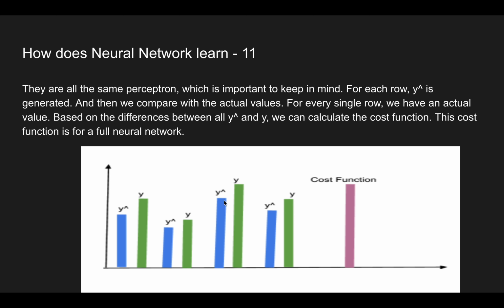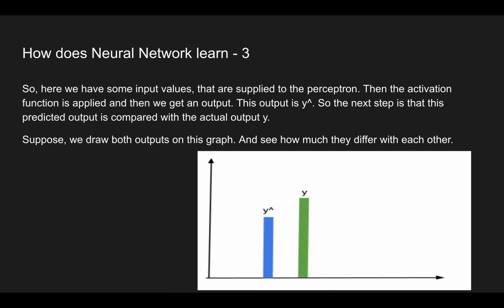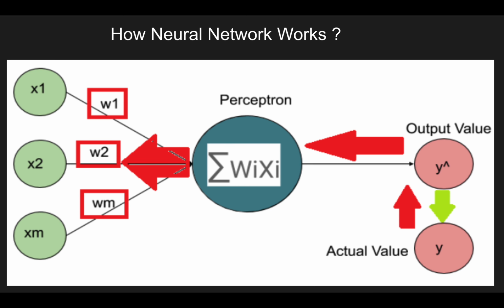Here you see the prediction and the actual for the first row, then the second, third, and fourth rows. After summation of all, you update the weights during backward propagation. In brief, during forward propagation you get some output after applying the activation function, then you match it with the actual value.